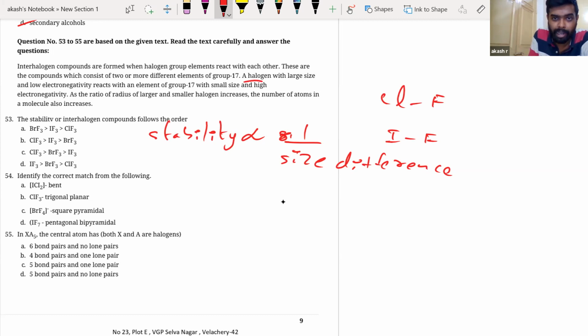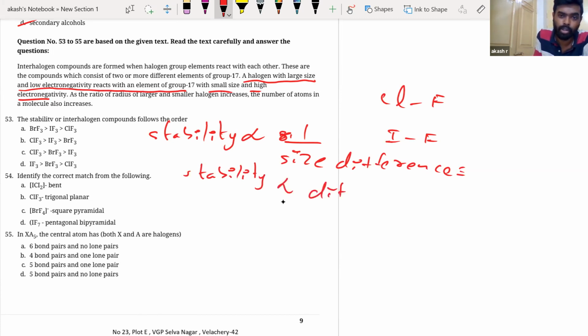A halogen with large size and low electronegativity reacts with an element of group 17 with small size and high electronegativity. This is one thing you have to look for. The other thing, stability, is directly proportional to difference in electronegativity. Why?